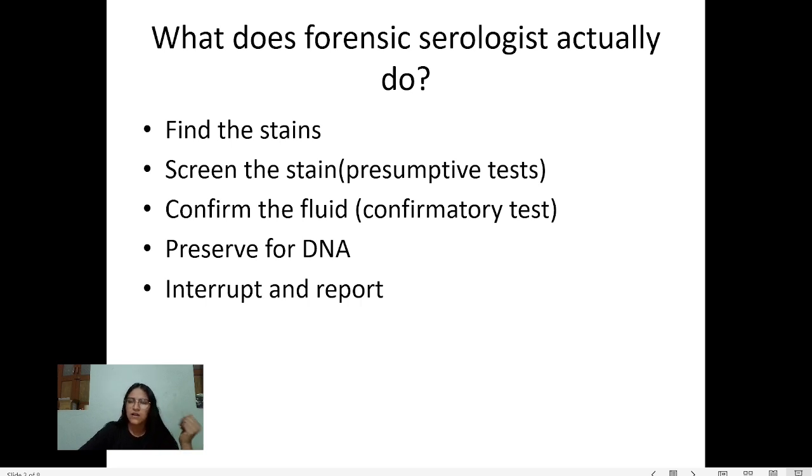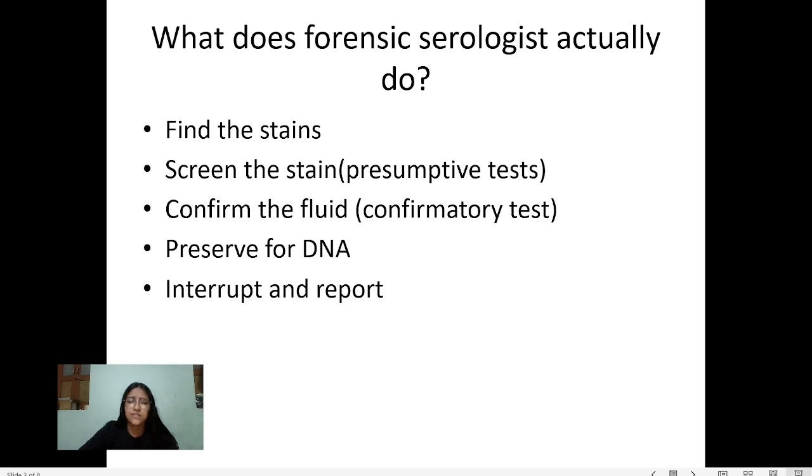Now, the forensic serologist also preserves the evidence for DNA analysis. As we all know, after the presumptive test and confirmatory test, there is little chance that these body fluids remain for the DNA test. So they preserve the sample beforehand, knowing that the body fluids will not remain after the presumptive and confirmatory tests.